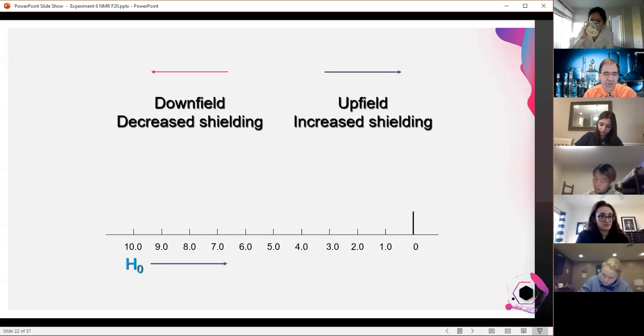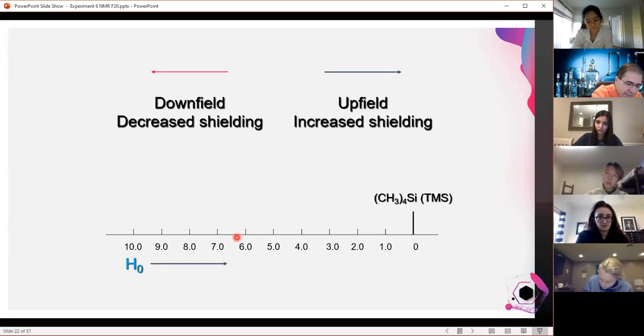Okay. So the chemical shift is measured in parts per million, which is really weird because it's actually the strength of the magnetic field, but you can measure it in other units, but we usually use parts per million. All right, so as I said, we picked a molecule to be the standard. It's called tetramethylsilane, or TMS. We used it because it gets a really strong signal, it has a lot of protons, and it is essentially completely inert.